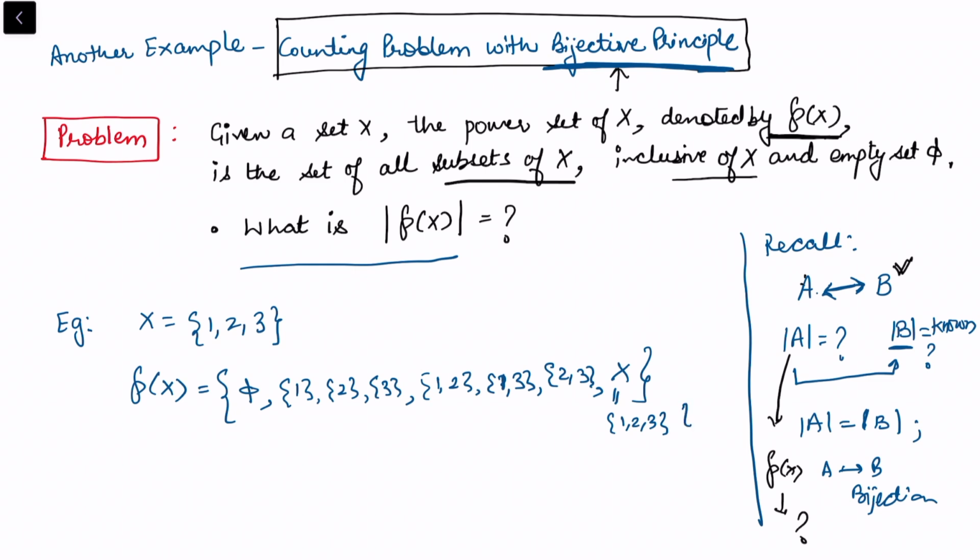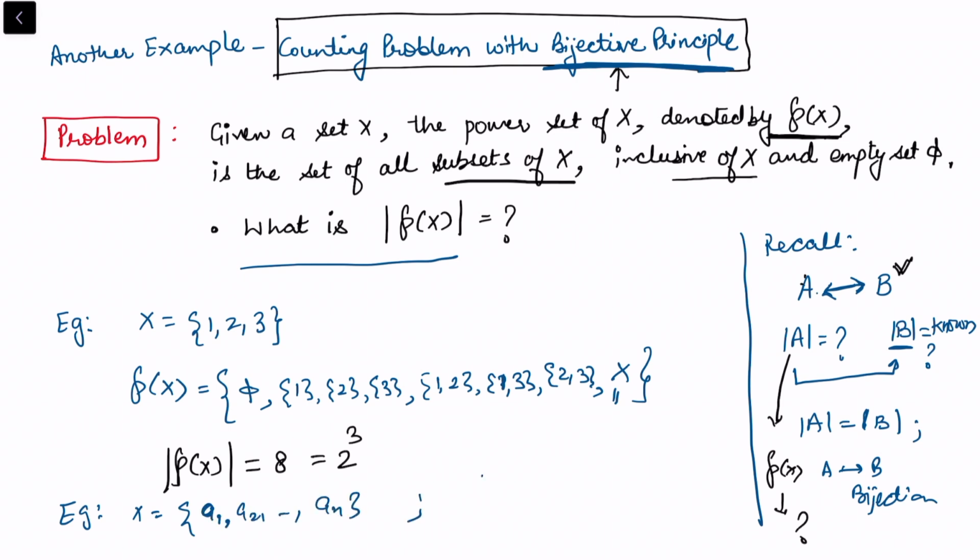In this case, we already know that the cardinality of the power set of X is 8, that is, 2 to the power 3. So if a set X contains n elements, say A1, A2, up till An, then the cardinality of the power set is 2 to the power n.